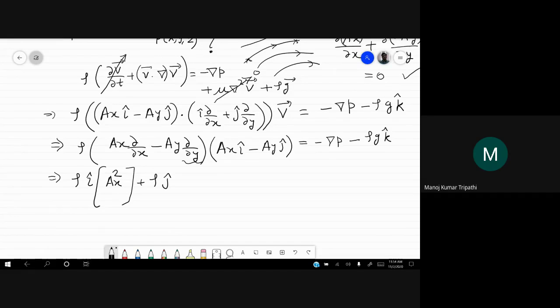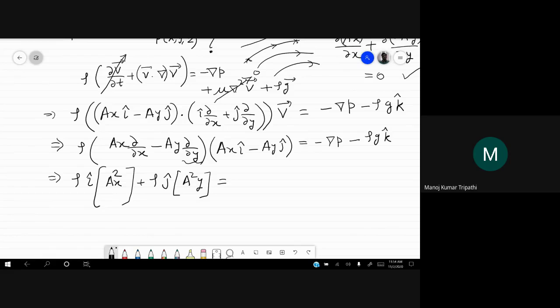Then j cap ax dou by dou x of ay will be 0, ay dou by dou y of ay, both are negative, so it will become positive, and this will be a square y.